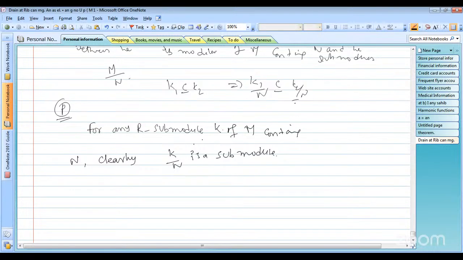Therefore, submodule of M by N we are taking. K1 can be a submodule containing N.